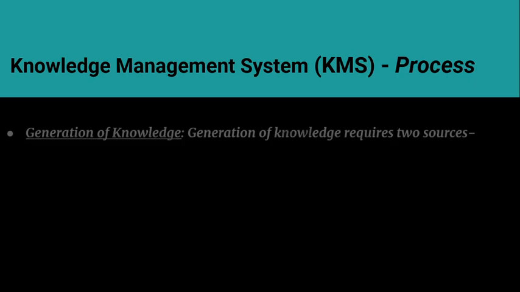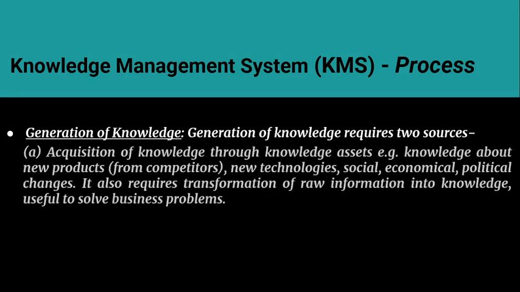The next process or next step includes generation of the knowledge. Now generating the knowledge will require two sources. First, acquisition of knowledge through the knowledge assets. In our second step we determined the knowledge assets. In our third step, part A, it is saying acquisition of knowledge through those knowledge assets.